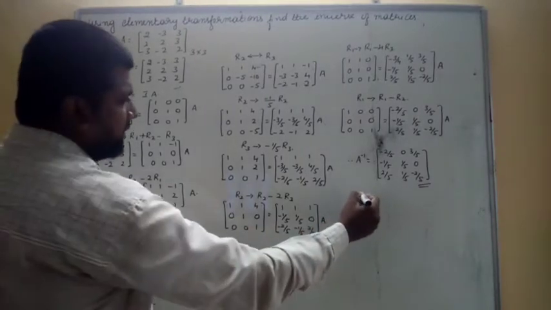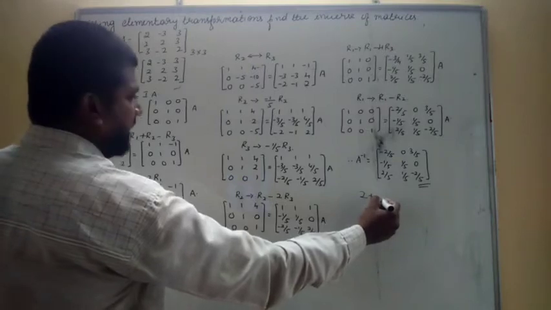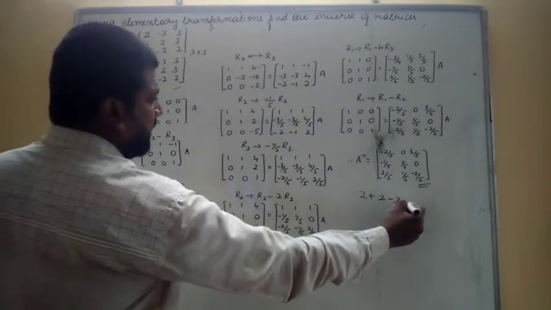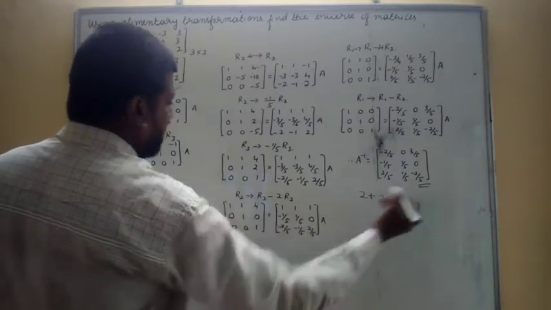The first element of row 1 is 2, plus the row 2 element 2, minus 3: 2 plus 2 is 4, 4 minus 3 is 1.